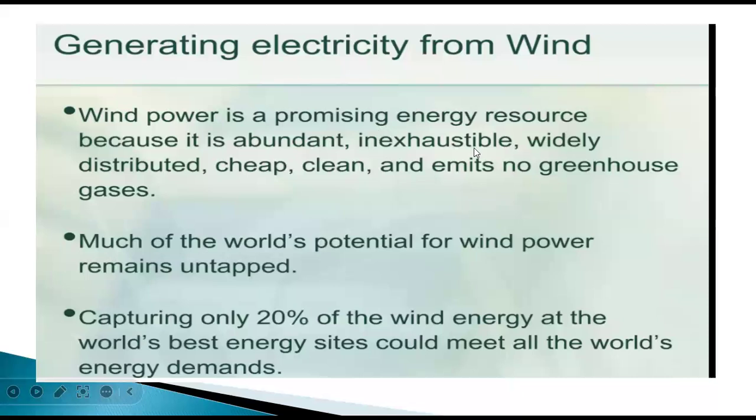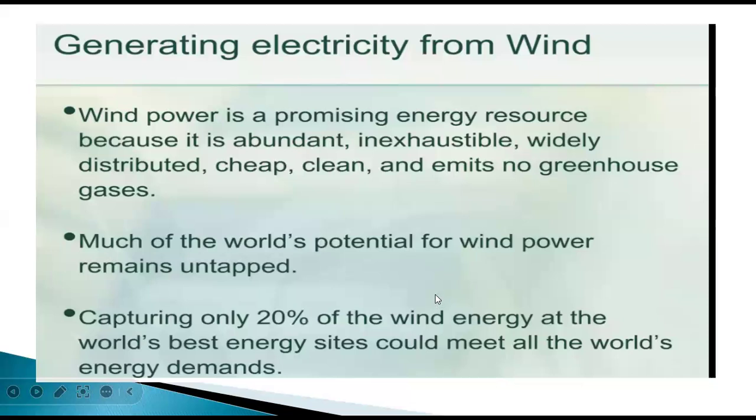Much of the world's potential for wind remains untapped. This is one of the major problems. It is very difficult to get the wind from these wind generating stations, and we capture only 20% of it.